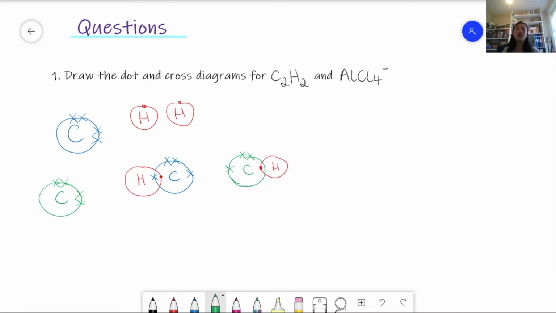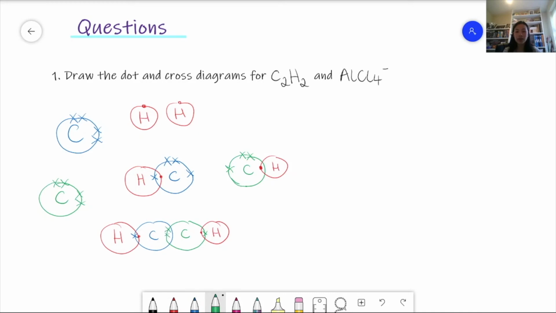And so the only way that we can get full outer shells for the carbons is if we actually share all 3 of these electrons and all 3 of these electrons. So what we have is a hydrogen, and then a carbon, and then another carbon, and a hydrogen. So we have the 2 hydrogen electrons, and then the 2 carbon electrons, and then we have the 3 remaining.